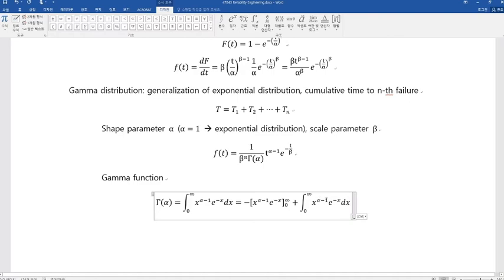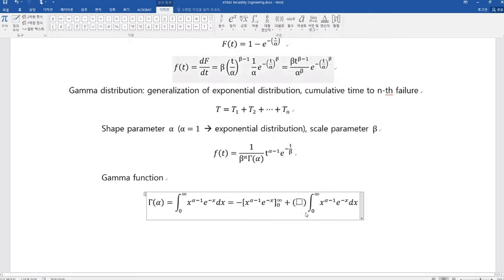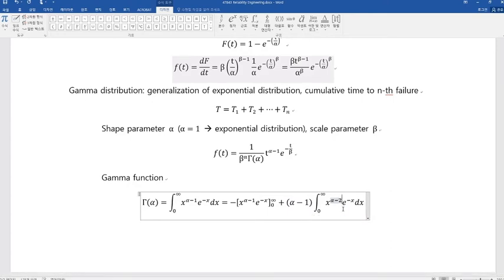So it's time to differentiate only x to the power alpha minus 1. If we differentiate this, alpha minus 1 will be taken out, and it's going to be x to the alpha minus 2.